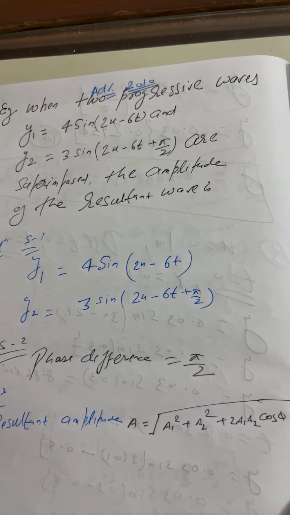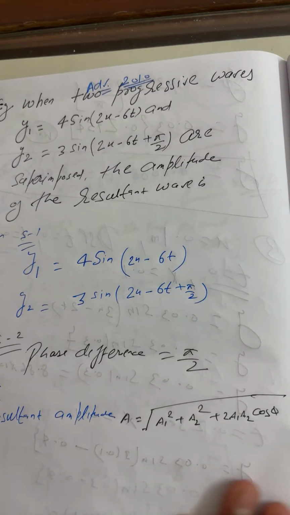I hope all of you remember the summation of vectors formula, a square plus b square plus 2ab cos phi.